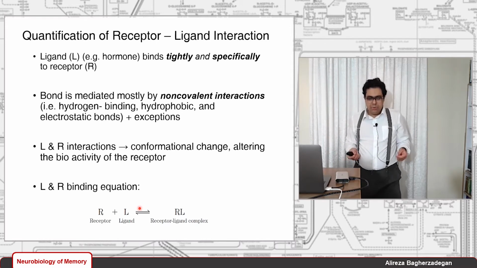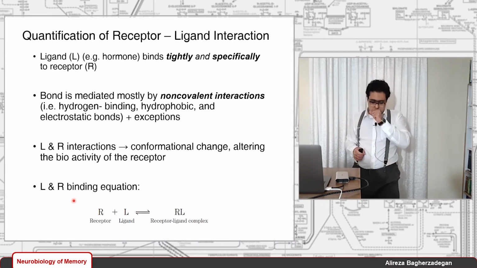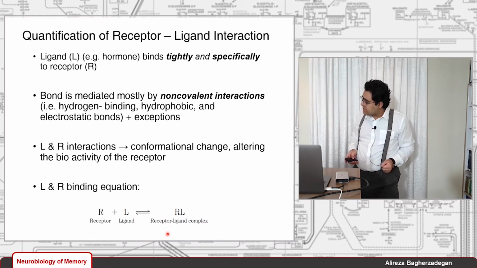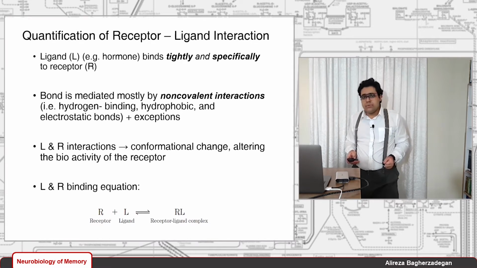Here, we mean the reversibility of receptor and ligand interactions. It means that this receptor-ligand complex is not permanent, and the ligand is going to detach itself from the receptor at some point, after it delivers the message.